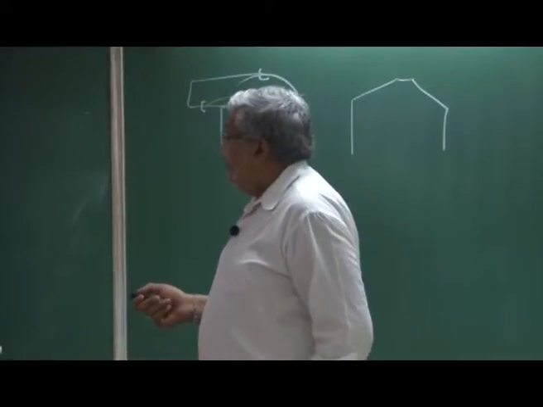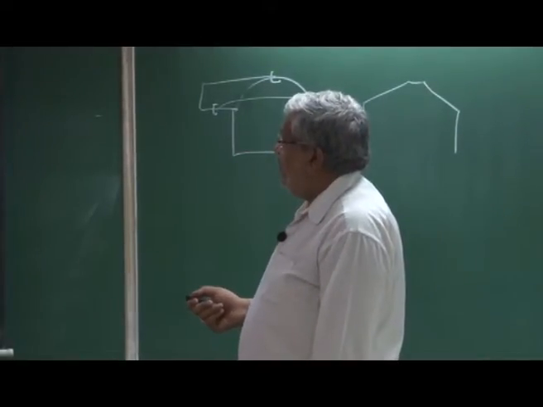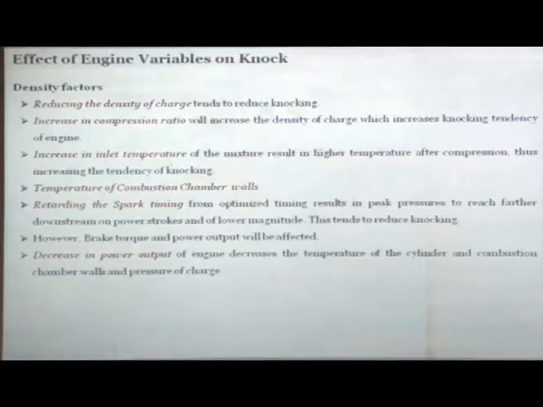Right. Reduction in the spark timing: retarding the spark timing from the optimized timing results in peak pressures reaching farther downstream of the power stroke and of lower magnitude. This tends to reduce the knocking. I will just explain this by this curve. See, this is the pressure crank angle diagram.